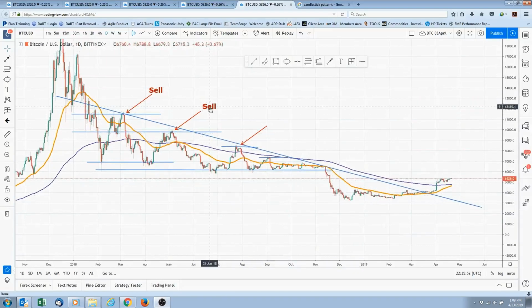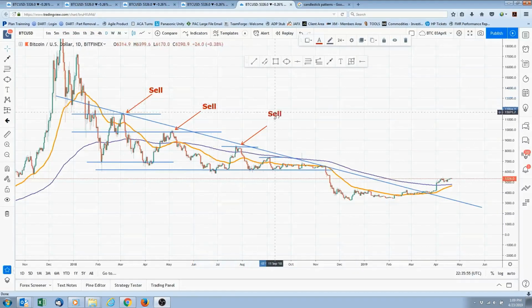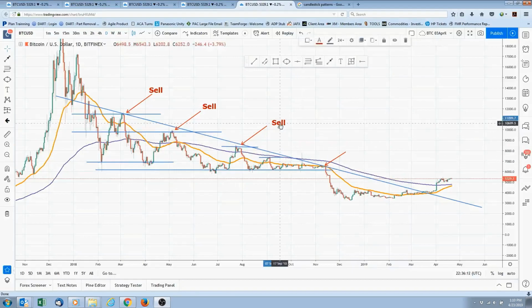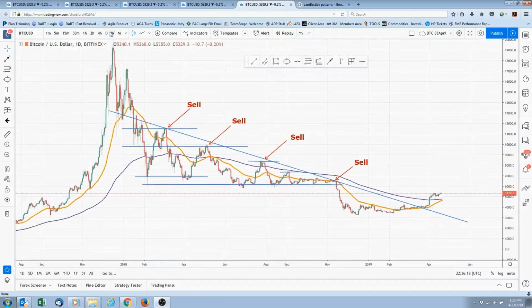And right here would have been another sell area right there. So if you're wondering when to buy and when to sell, based on looking at the daily chart, drawing in my trend lines, my support areas, and my resistance areas, I can say, hey, this is a sell area, this is a sell area, this is a sell area, and this is a sell area.